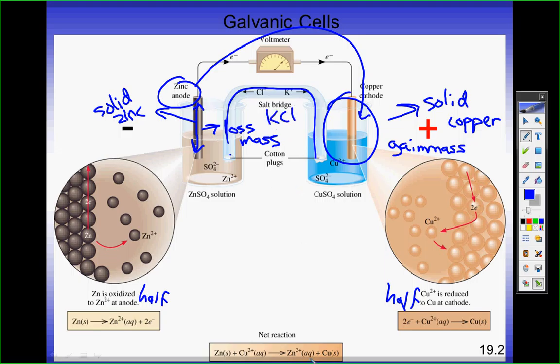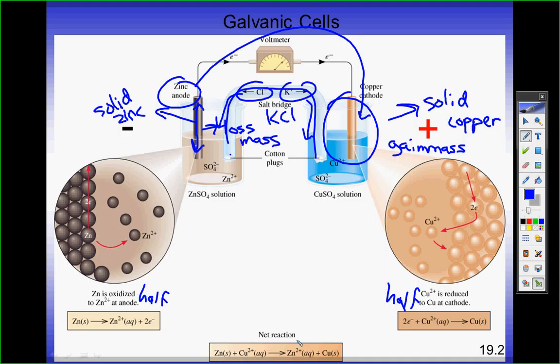And we have two solutions, a zinc sulfate and a copper sulfate solution. See how this is saying Cl- is coming this way and K+ is going this way? Somebody explain to me why. Why do you think K+ is going to the copper sulfate solution?